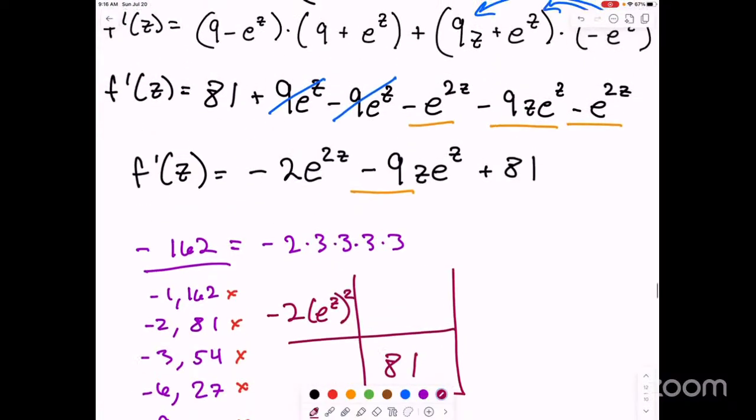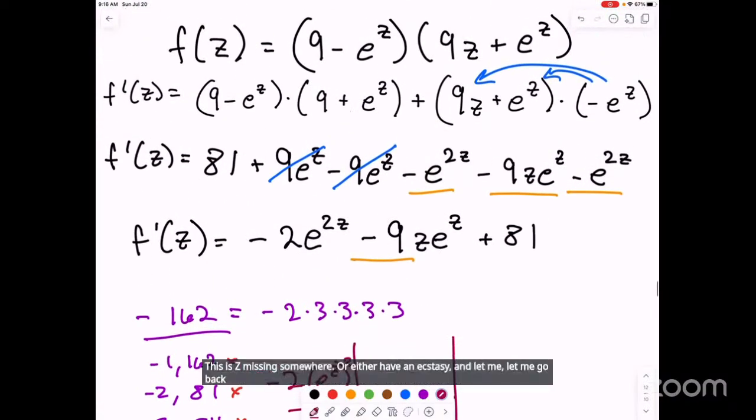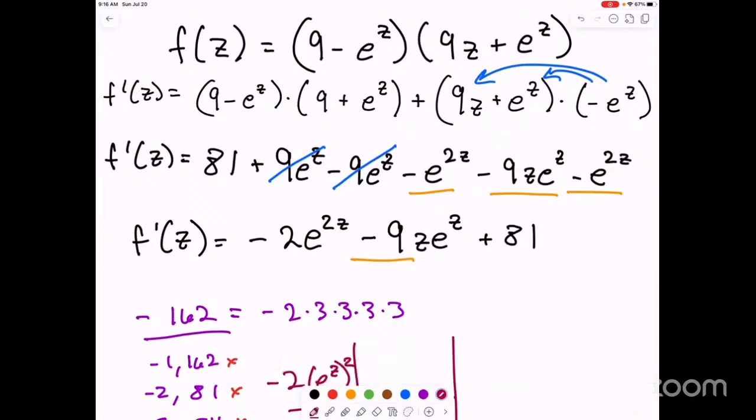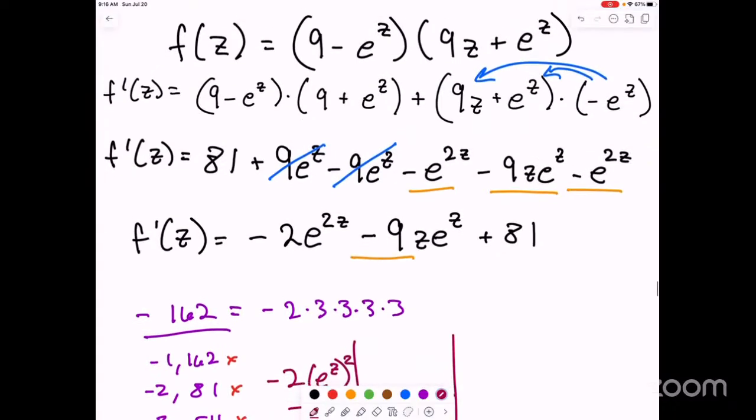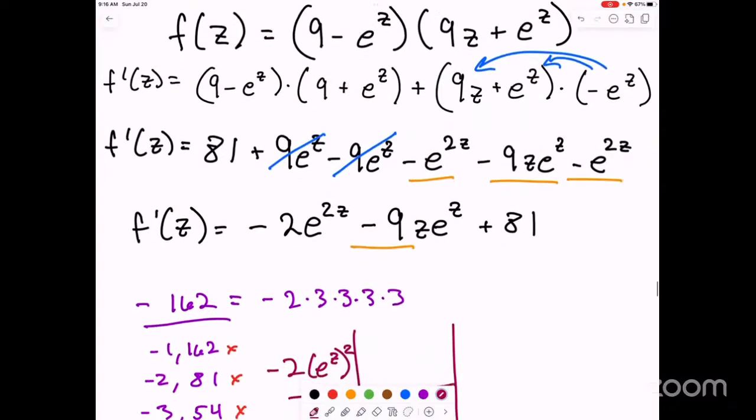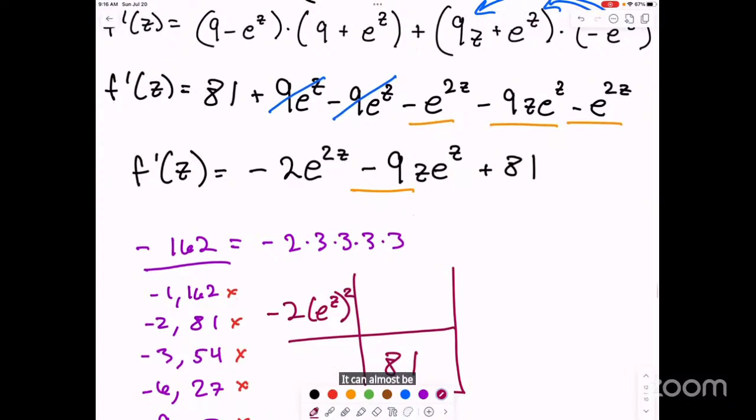Or either I have an extra z. Let me go back and check. It can almost be factored, but it's a little off. That extra z is throwing things off.